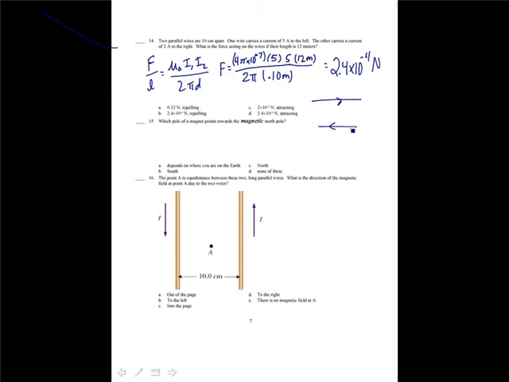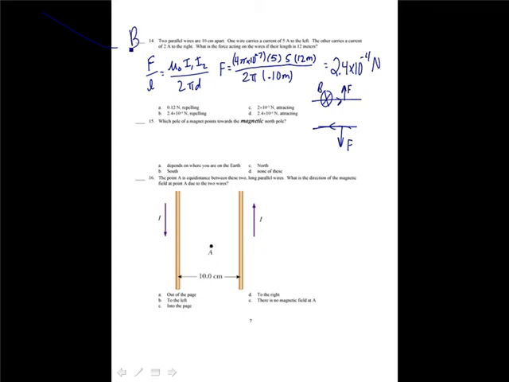So this is our magnetic field, and then the force due to that wire is up. Alright, so both wires feel a force that is repelling because the currents are in opposite directions. So that is option B.